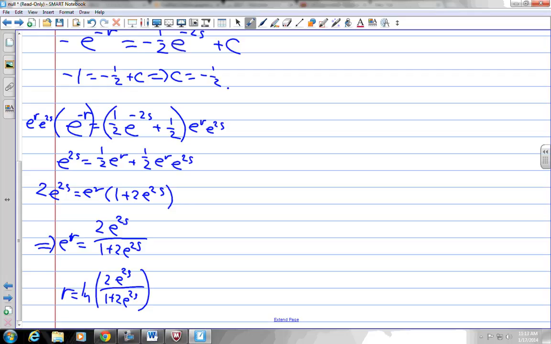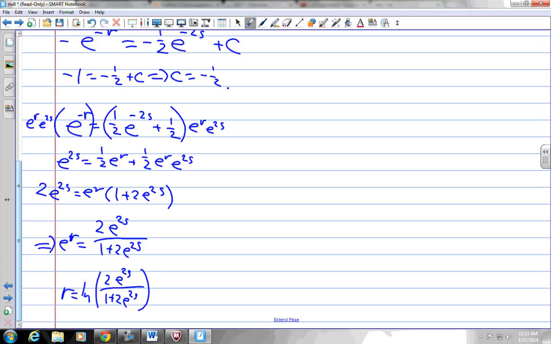I think that works. I mean, how you do your algebra is really up to you. It's not the unique way of doing that. You might actually end up with an answer that looks a little different. This is just the answer that doesn't have any negative exponents. But you would be fine with leaving it as e to the negative r. In this case it's too simple to solve for r.